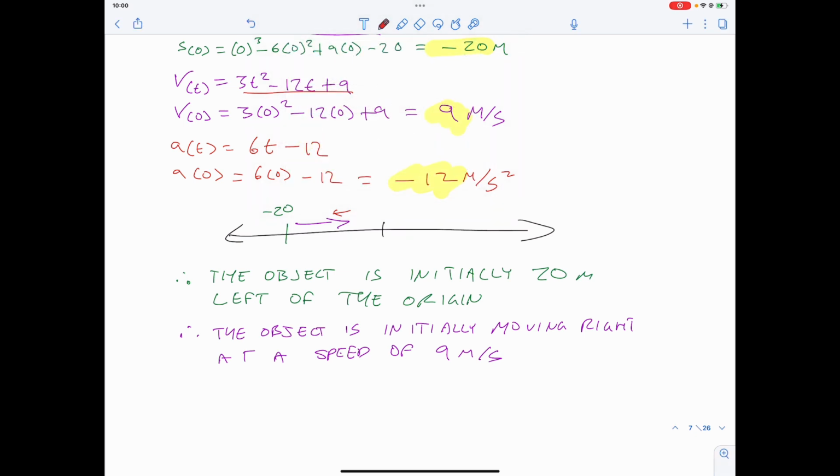And I'm going to say that the object is slowing down by 12 meters per second squared.